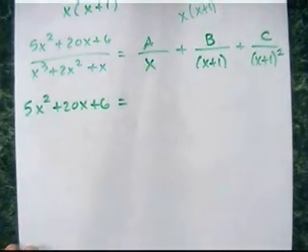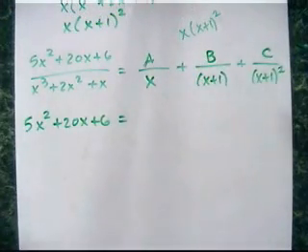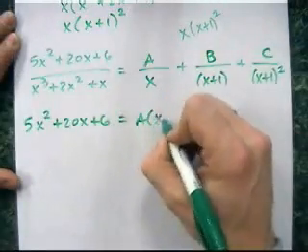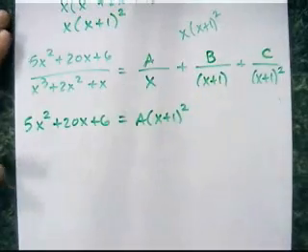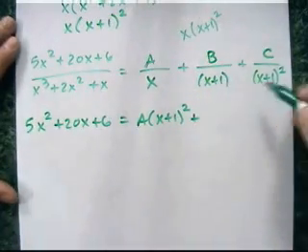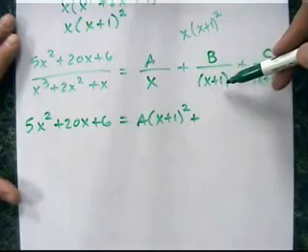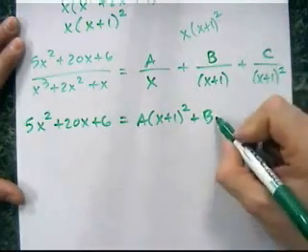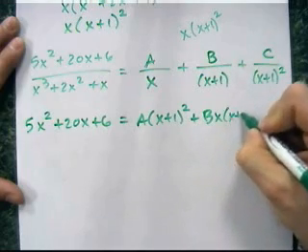That's what you're going to multiply everything on that side by, x plus 1 squared, by everything. Now stuff cancels great. Like here an x cancels, so you're going to be left with A times x plus 1 squared. Plus, now here one of the x plus 1's cancels, so you're left with B. You still have an x and then one x plus 1. So it's going to be x plus 1.